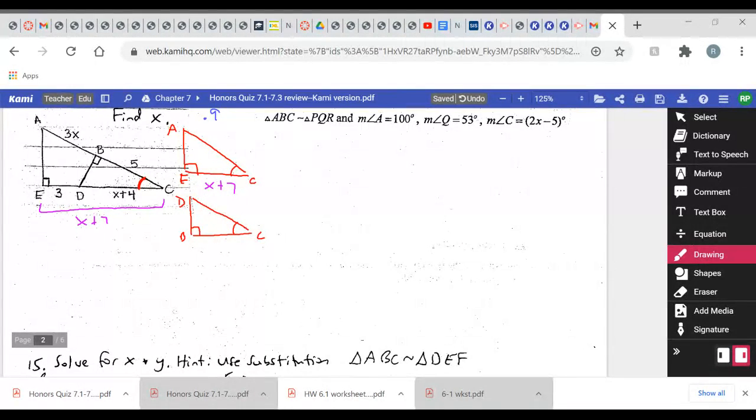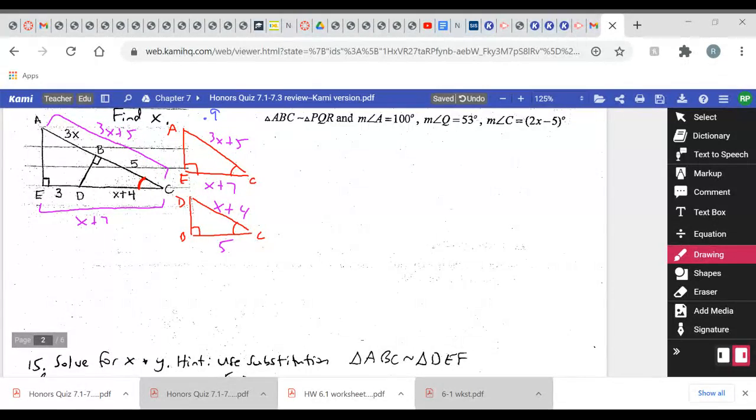And for the big triangle, I can also see that AC is 3x plus 5. Okay, for the little triangle, I can see that BC is 5. That's between the 1 mark and the 90. And I can see that DC is x plus 4 in between the 1 mark and the no mark.